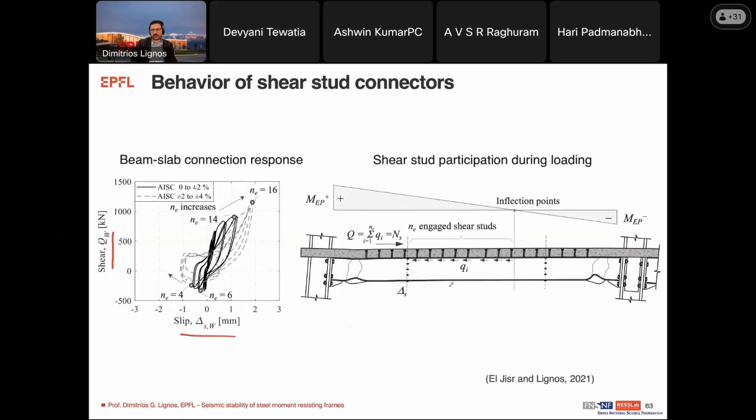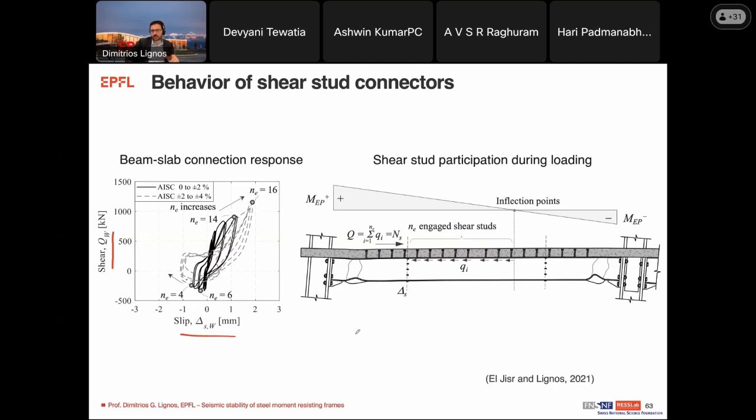And what happens here is that when you have cyclic loading, if some of the studs are damaged, there is instant redistribution that leads to the system engaging more studs because of the variation of moment within the beam. And that would naturally increase the shear resistance depending on the load increment you're looking at.